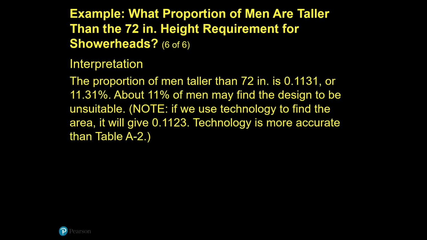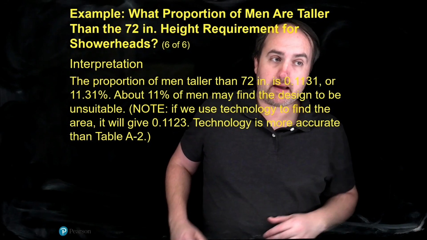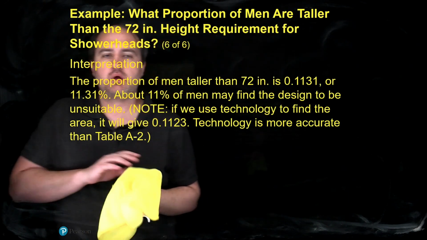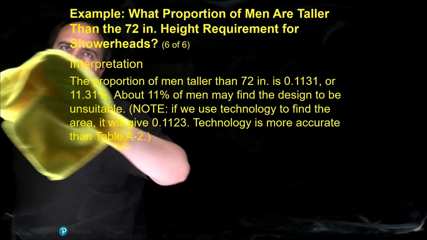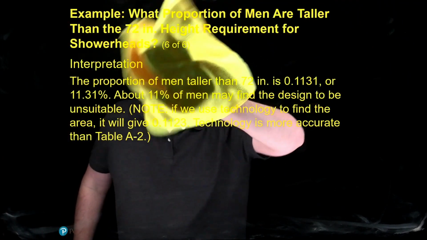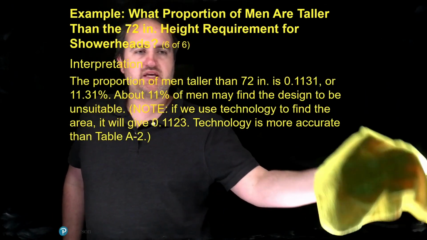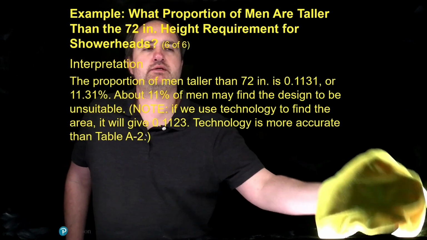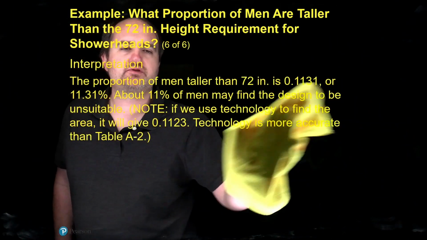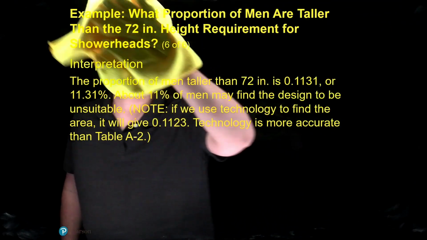But when you're doing your homework, quizzes, and exams for my course, it has a margin of error, which means that it will accept a range of different values with no problem. So if you want to just use the table the way I have been, you're welcome to. Or if you want to get fancy and use a calculator, you're welcome to use that as well. Just keep in mind that technology is a little bit more accurate in some situations, but table A2 also works great.